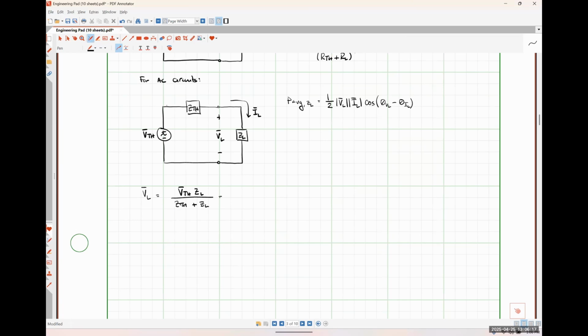So what I could do now, and this will actually make finding the magnitude of this a little bit easier in a moment, is I'm going to express those impedances in rectangular form, okay? So this would look like my Thevenin voltage multiplied by the real part of my load impedance, RL, plus J times the imaginary part of my load impedance, which is going to be just the reactance, XL.